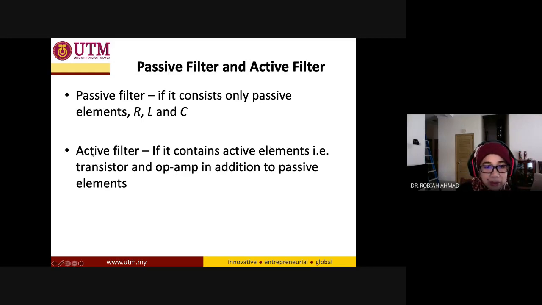We are not looking at active filters for this syllabus. For this class, we only look at passive: only R, L, and C, arranged in different ways that you have learned in your elementary circuit theory class. Sometimes we have RLC in series, sometimes in parallel, sometimes a combination of series and parallel and so forth.